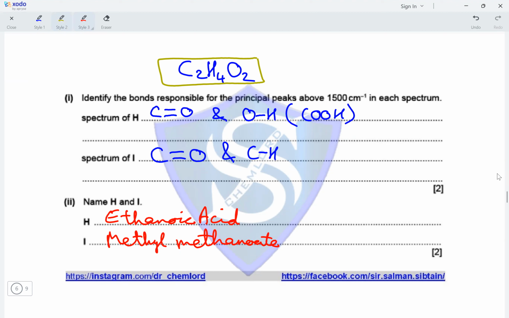So the structure for ethanoic acid would be CH3COOH, and the structure for methyl methanoate would be HC double bond O single bond OCH3. So that would also correspond with the formula C2H4O2.